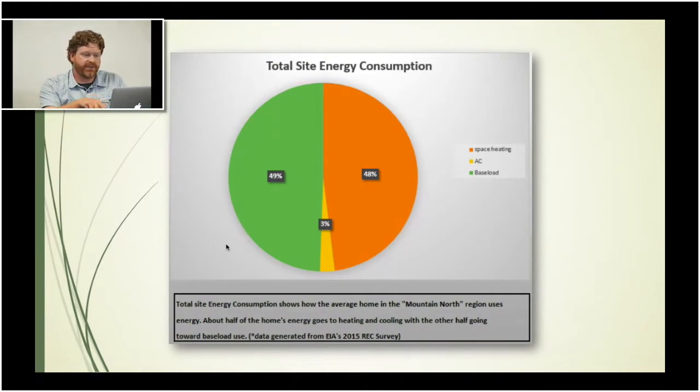And you can see, and this is based off of hundreds, probably thousands of homes, that the green part here is our base load, and 49% of the average home's energy use in this region goes towards base load. 48% goes to heating, and a very small sliver goes to cooling. But this shows you that base load is an enormous opportunity for savings.